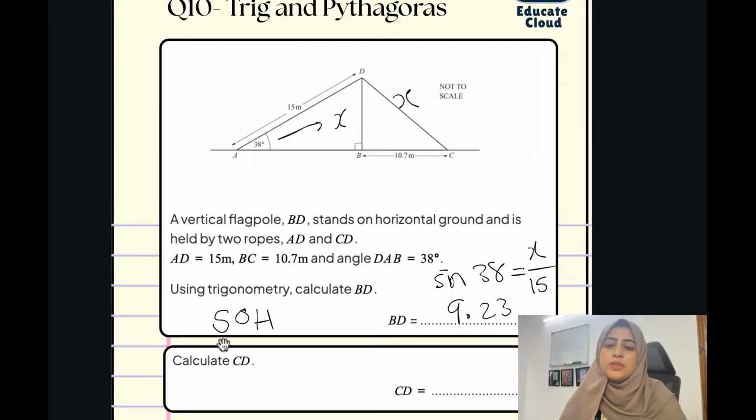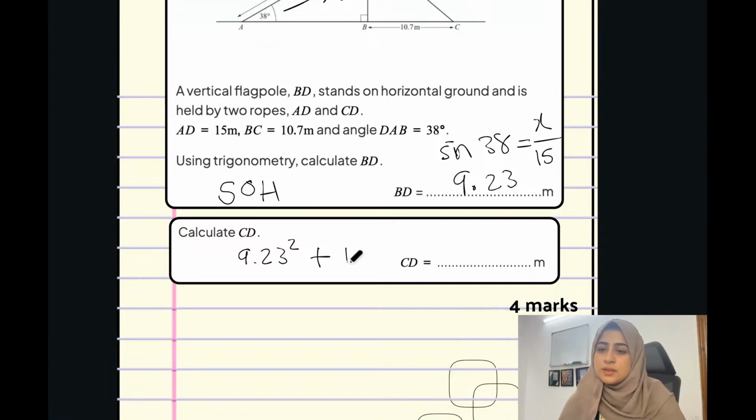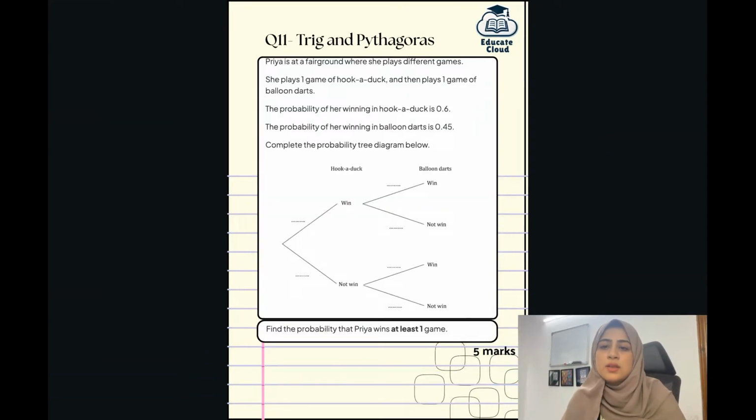So 9.23 squared plus 10.7 squared. And then our answer is 14.13 when we root it. Okay, so that is my answer for that.